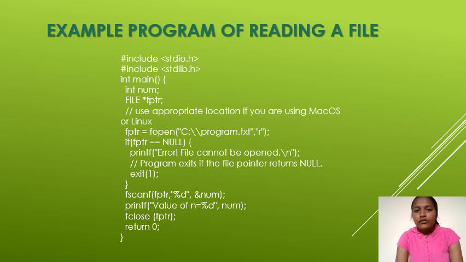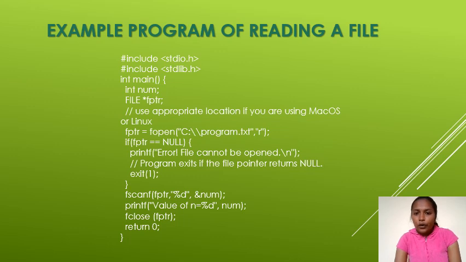In this there are header files like #include <stdio.h>, the standard input and output header file, and second is the standard library header. Next is int main, where the function declaration starts. int main is the main function, we are declaring the function. FILE *fptr is a file pointer.